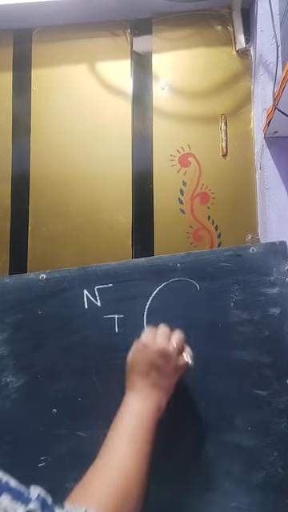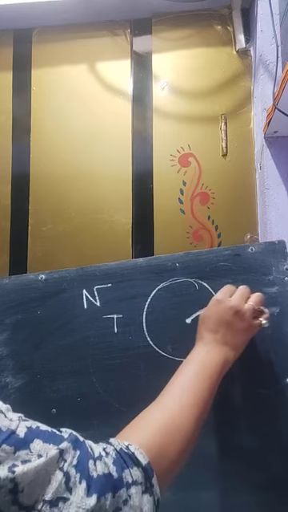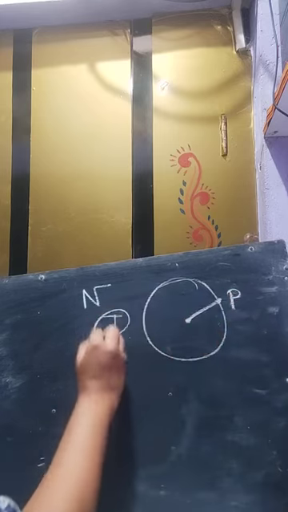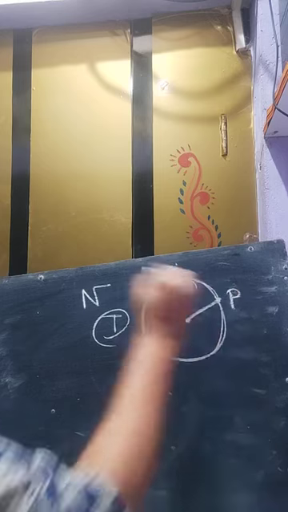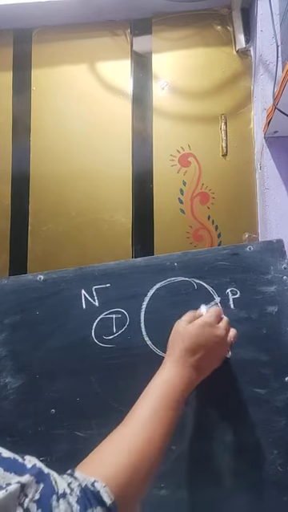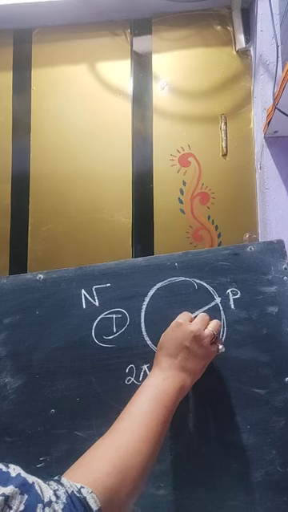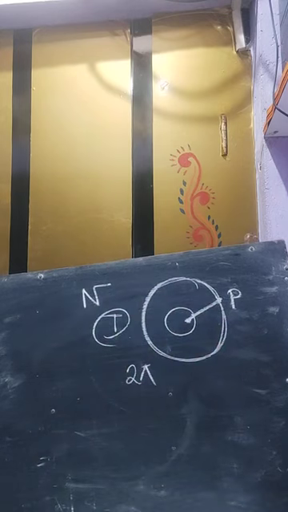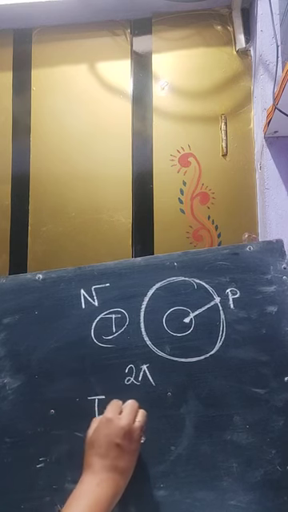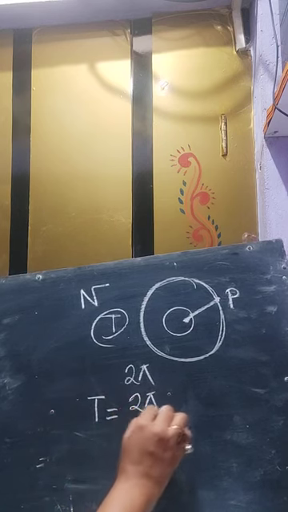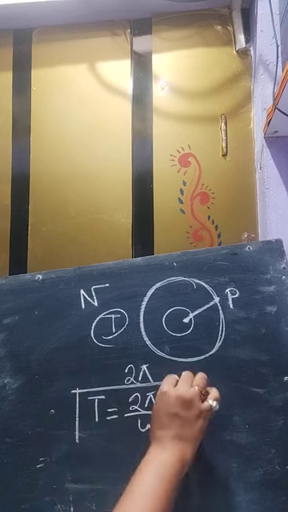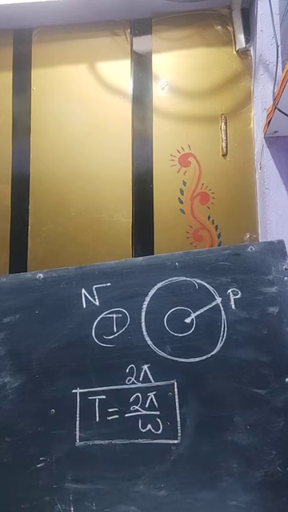So, if this is P at time T, it completes one revolution. How much angular displacement occurs? That is nothing but 2 pi. So, this complete rotation is 2 pi. Therefore, we can write that T equals 2 pi by omega. So, this is the periodic time of N.